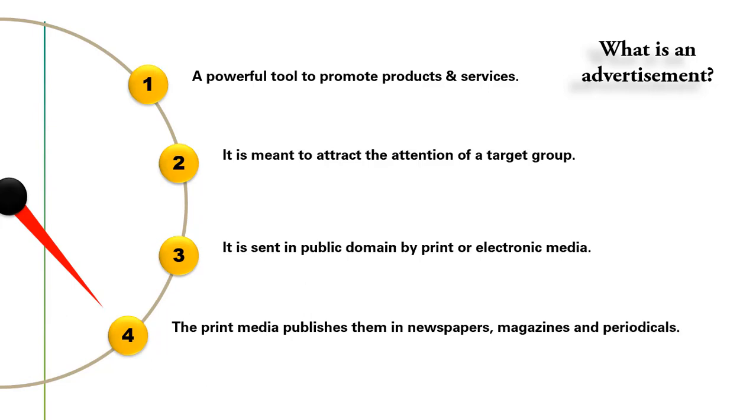It is a very powerful tool to promote products and services. It is meant to attract the attention of a target group. It is sent in public domain by print or electronic media. And the types of advertisements that we are going to learn, practice and understand are the ones that are published in print media, especially in newspapers, magazines, and periodicals.